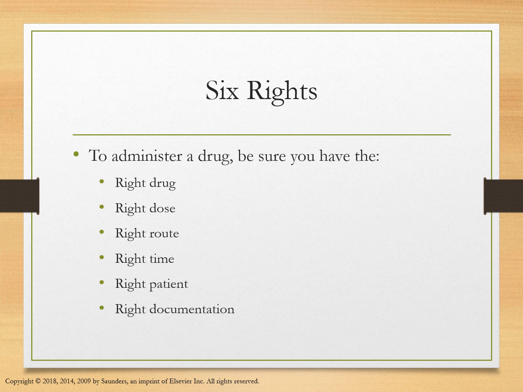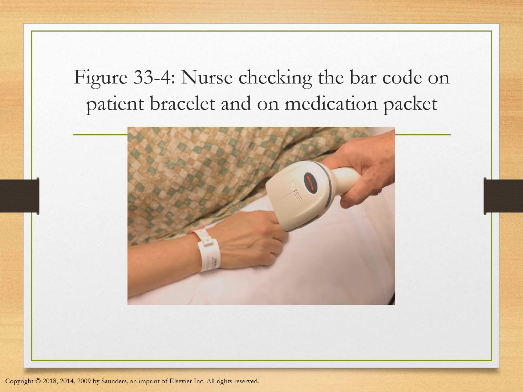Here are your rights. Memorize these. Okay? Right drug. Right dose. Right route. Right time. Right patient. Right documentation. Always. This is not an option. This is always. Two patient identifiers: name, date of birth.